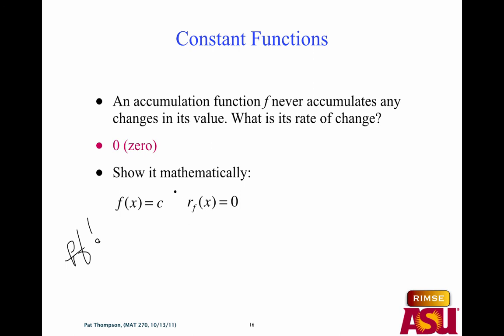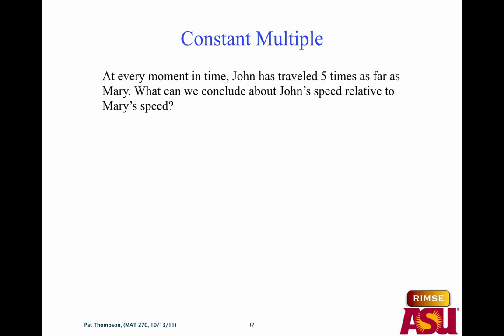Okay, so there it is. And you guys have now done 2 proofs in your Calculus 1 class. That's pretty cool. All right, so we've just established a rule for taking the derivative, or finding the corresponding exact rate of change function, for a constant function.